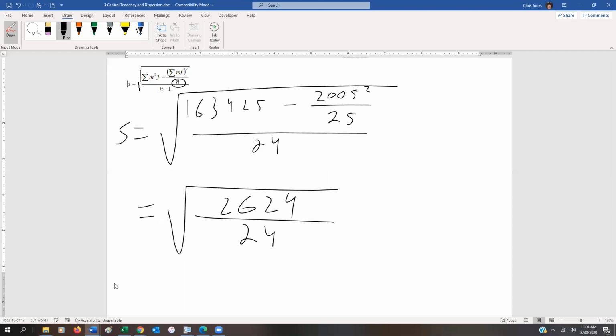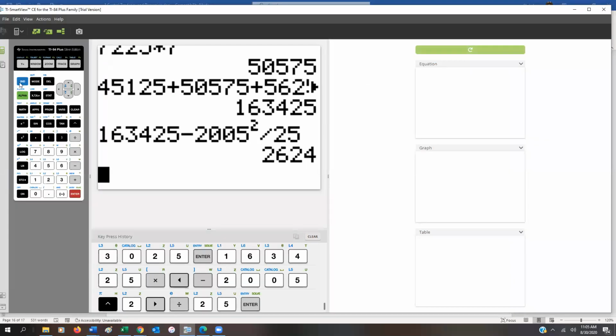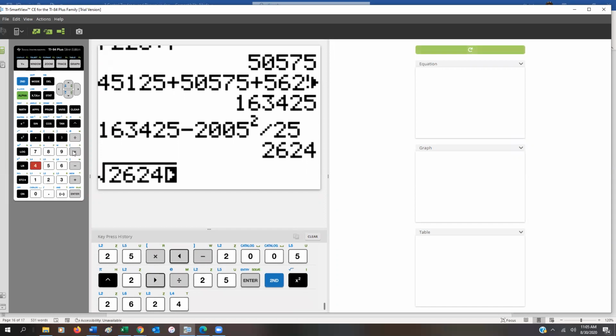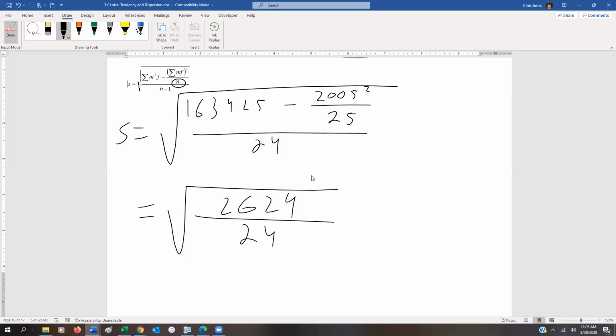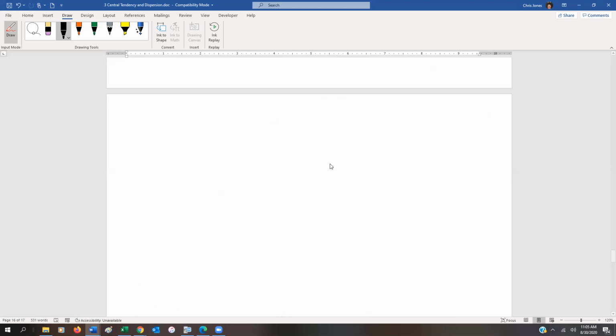And then the last thing we do is we just divide that by 24 and take the square root of it. So we're going to take the square root of 2624 divided by 24. And what type of number should we get compared to the last standard deviation? Remember last time we got 3.6 something?